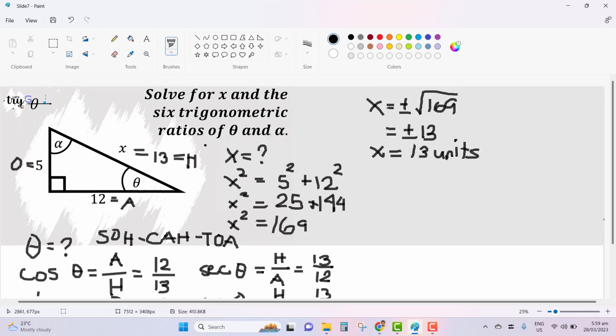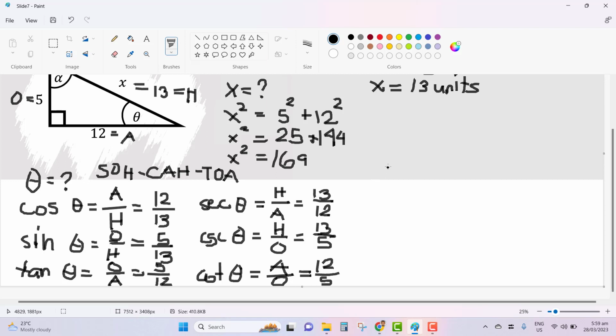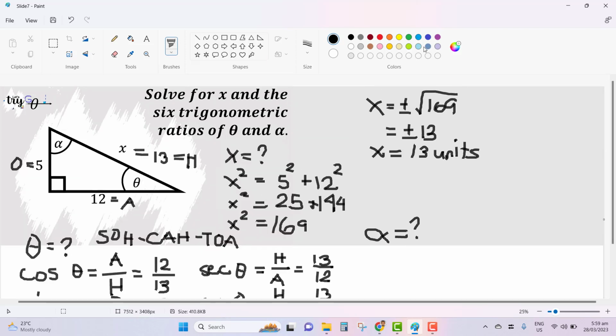That's for theta. We are still going to look for the trigonometric ratios for angle alpha. Angle alpha, let us use a different color so that it would not be confused. Let's use this color here. So for angle alpha, H is still H. No need to worry about that.